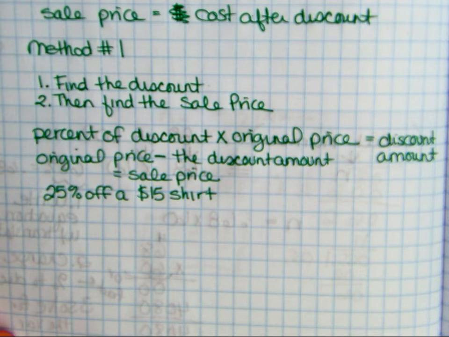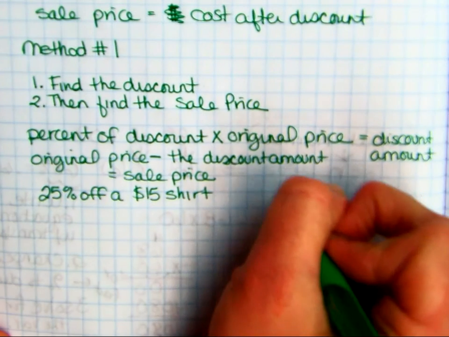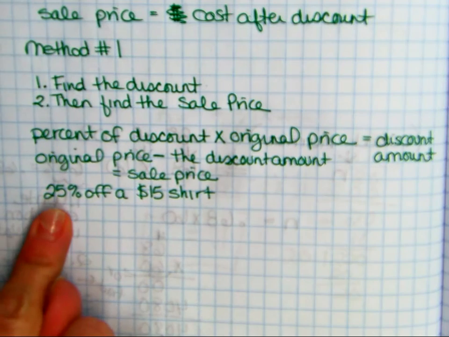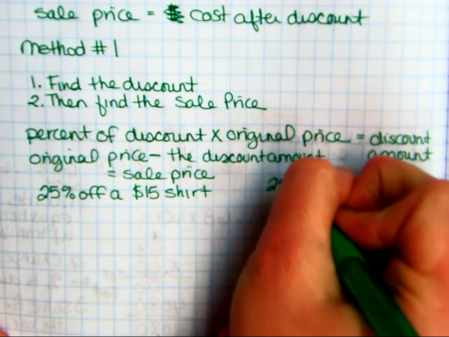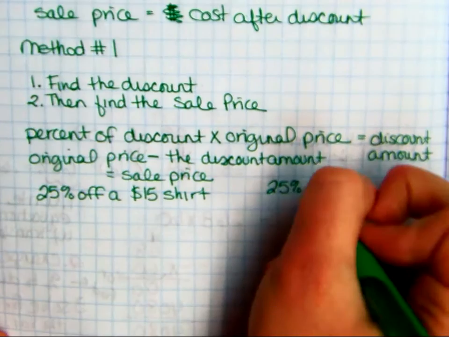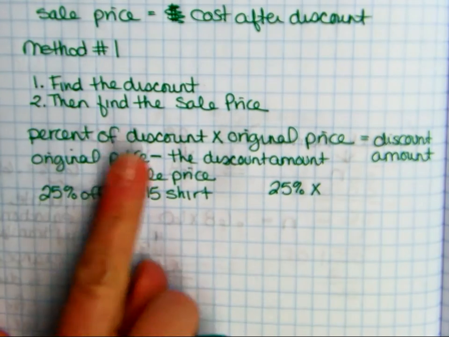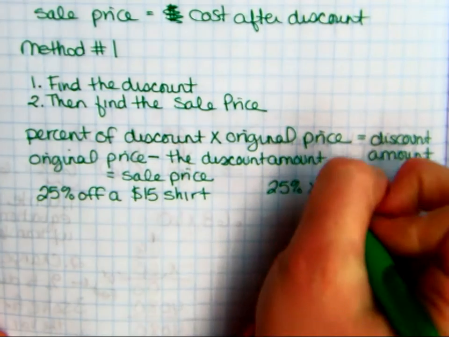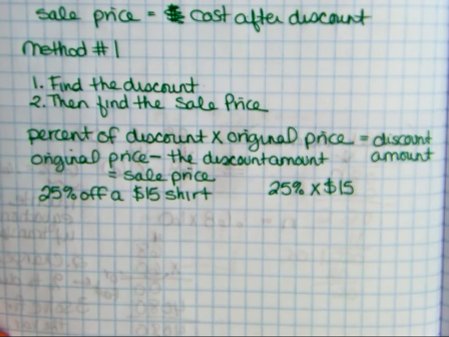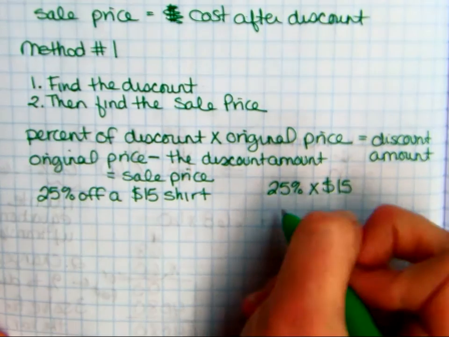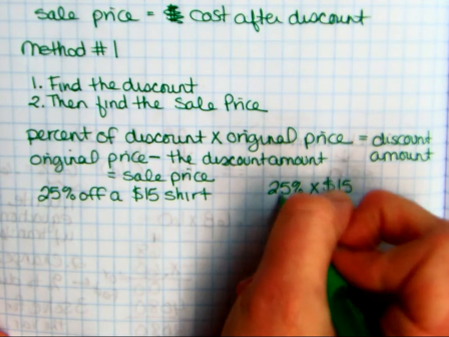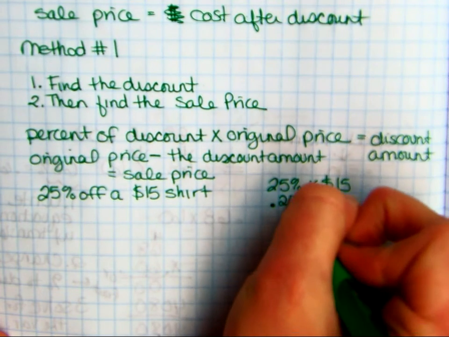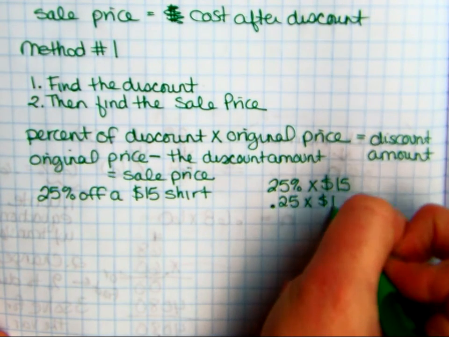So you would start off by doing the percent of the discount, which is 25%, times the original price, which in this case was $15. I'm going to make this into a decimal because that's the way I prefer to do it. So 25% as a decimal is 0.25 times $15.